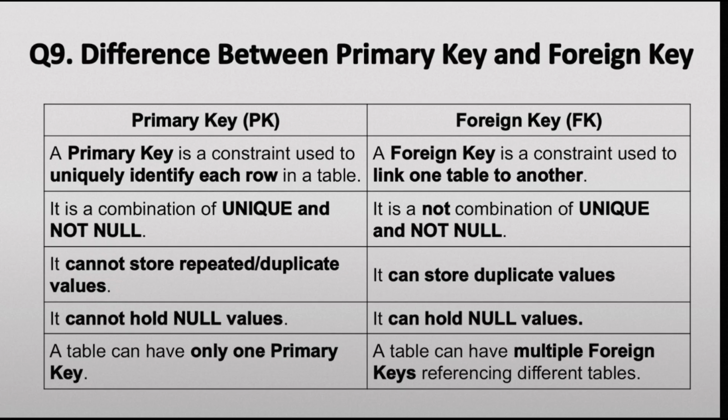Primary key is a combination of unique and not null, while foreign key is not a combination of unique and not null. Primary key cannot store repeated or duplicate values. Foreign key can store duplicate values. Primary key cannot hold null values, while foreign key can hold null values. A table can have only one primary key, while a table can have multiple foreign keys referencing different tables.